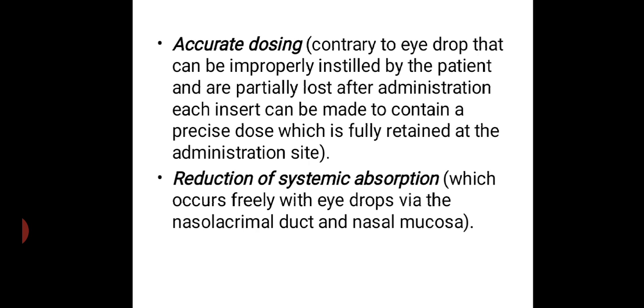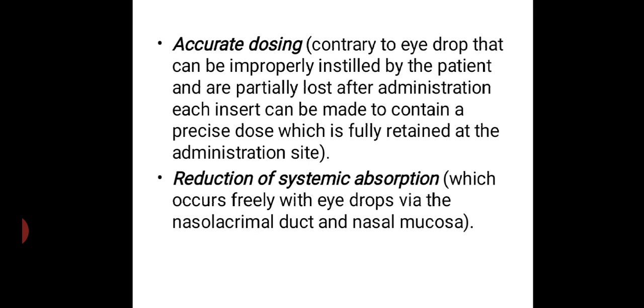Then reduction of the systemic absorption. Systemic absorption means what? If you are directly administering the drug as a solution or a semi-solid preparation, this drug can enter into the nasolacrimal duct and it can enter into the systemic circulation.